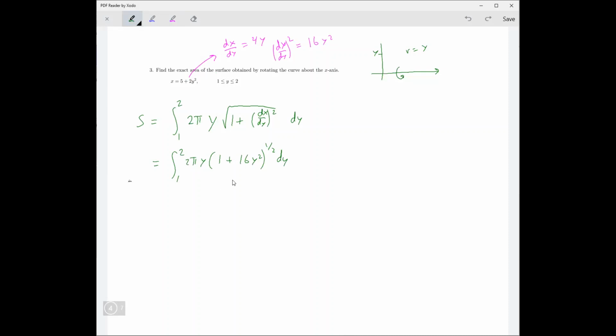Now for a second I was thinking, oh no, do I have to do some trig substitution? But then I saw if you take the derivative of this part, you get 32y, and there's a y right there, so we're good. You can just go ahead and integrate this.